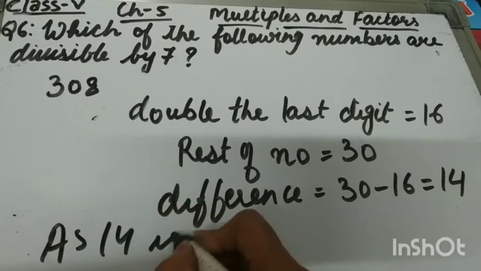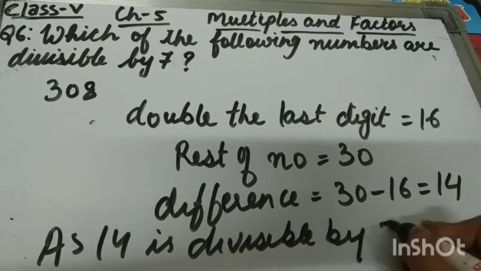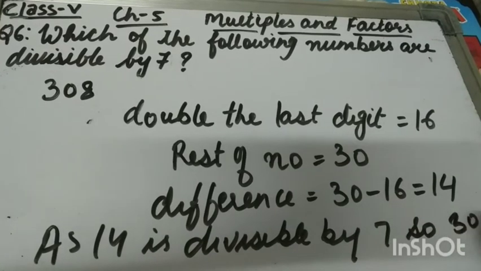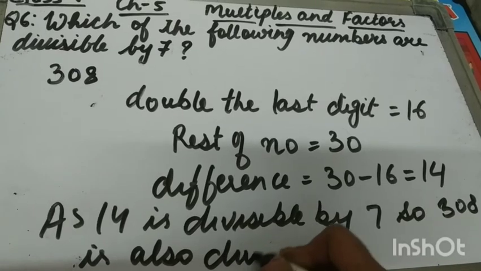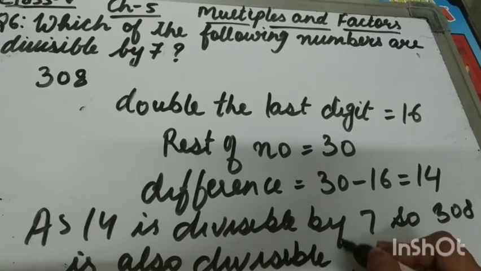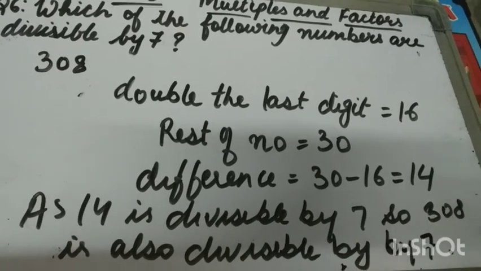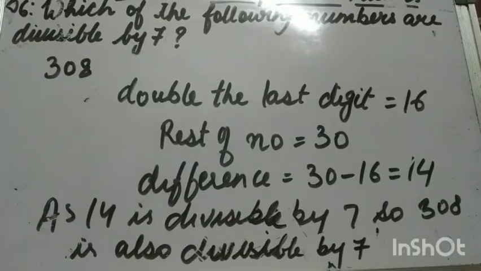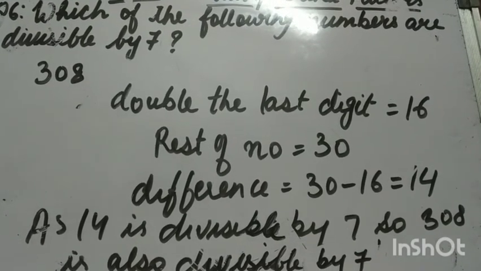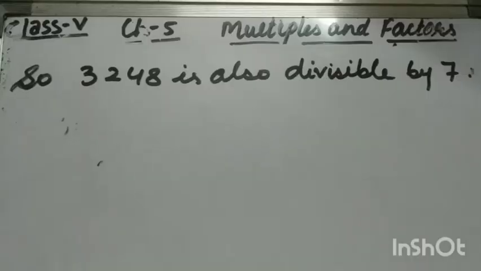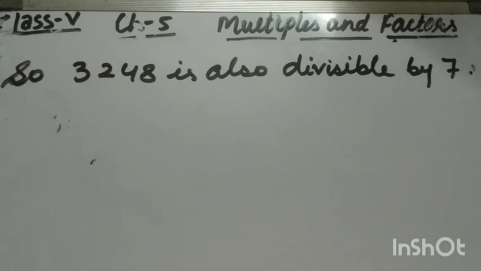As 14 is divisible by 7, 308 is also divisible by 7, and so 3248 is also divisible by 7. So you will write 3248 is also divisible by 7.